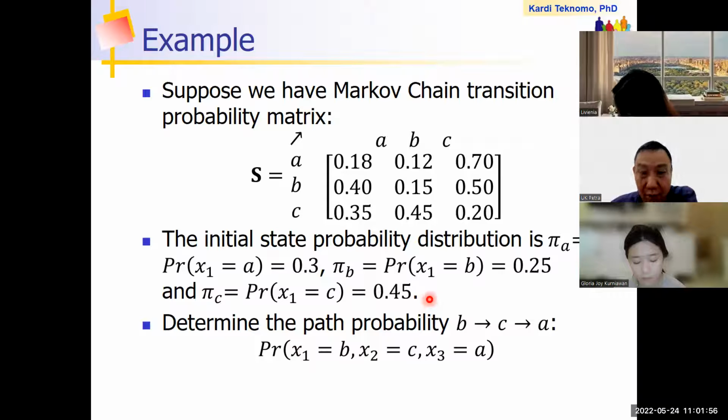So now I want you to calculate the path probability. A while ago I calculated all the paths, right? So this time I will ask you to calculate only one path, which is B to C to A. Can you calculate that?